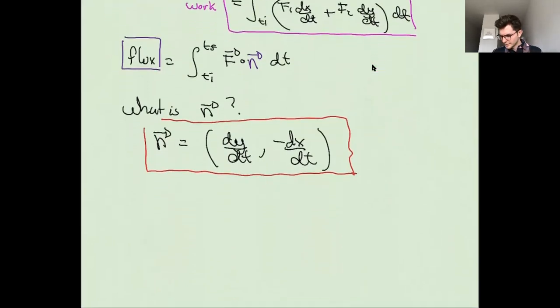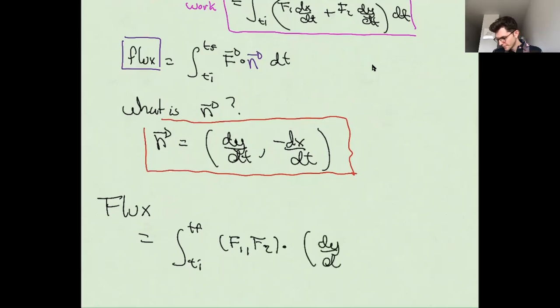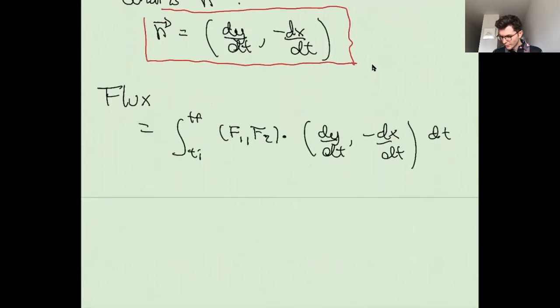But if you believe this, then the flux, and this is a real formula that you need to know, if you do the dot product here, it would be the dot product between f, which was f1 comma f2, with n, which is dy dt, minus dx dt. And so the formula for flux that you need to know is the following.